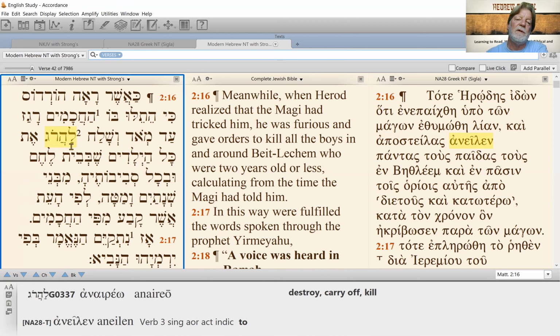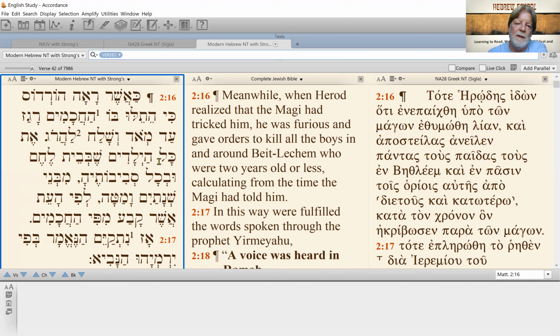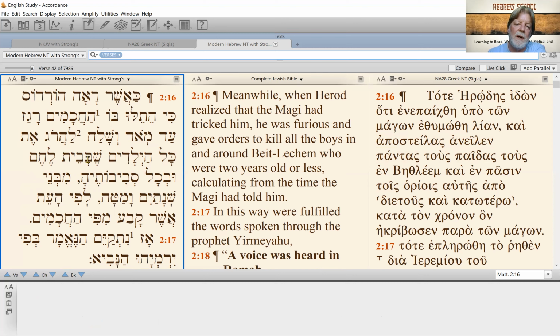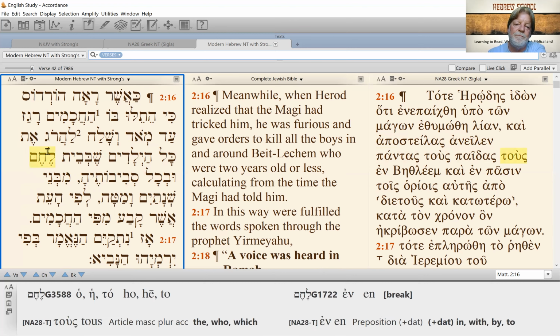So here we have the lamed prepositional prefix meaning to. In this case, it means with the purpose of killing. Et, direct object indicator, kol, all, hayeladim, the children, sheba Bethlehem.